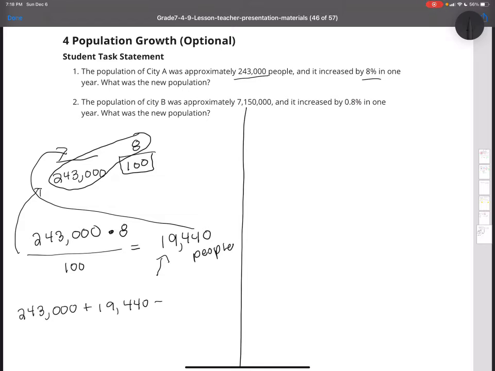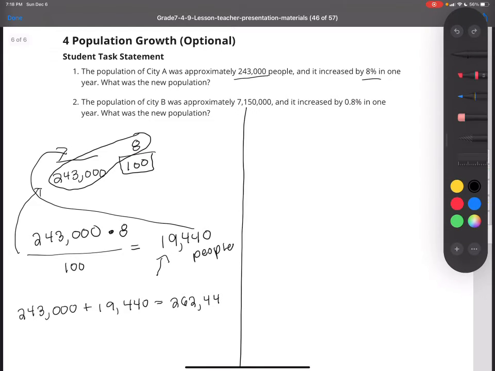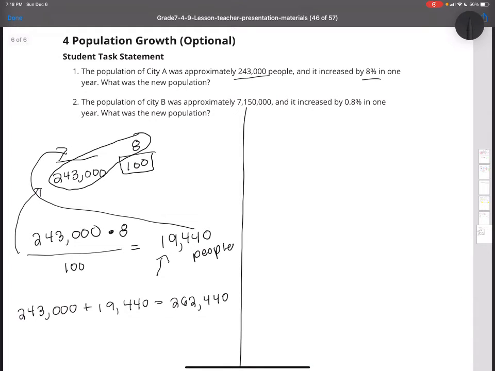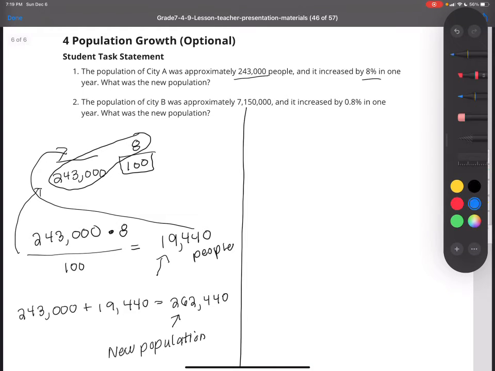I should get the new population is 262,440,000. Okay. Oh, 40,000 people. Okay, that is the new population. All right. There is a different way we could have found this, but I'm going to save it for that lesson when it's time for me to teach it because I don't want to confuse you guys even more.